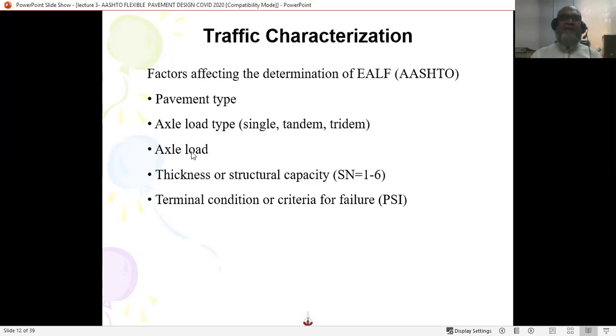What are the loads on each axle, as we have calculated previously? And there is thickness or structural capacity number, as 1 to 6, and we will discuss it in the lectures to follow. And there is a terminal condition or criteria for failure, PSI, that we already discussed in the previous lecture. Remember we said we can take terminal serviceability as 2, 2.5 or 3 depending on the classification of the road.